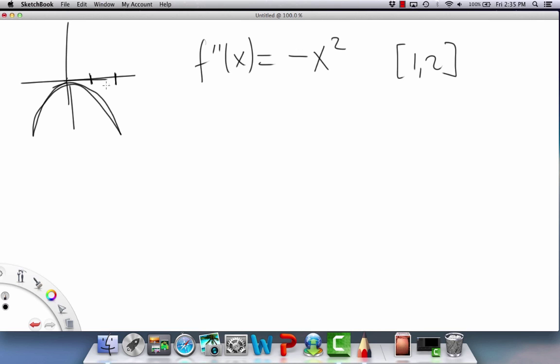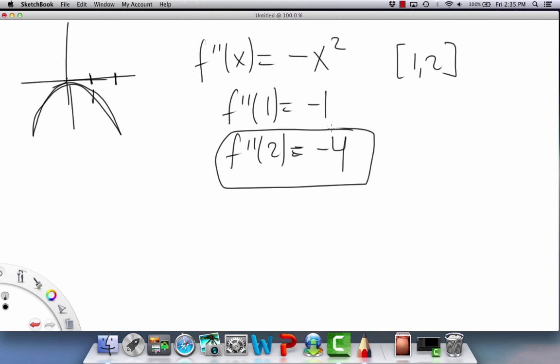At 1, this will be negative 1, and at 2, this is going to be negative 4. So maximum doesn't mean the maximum number, as in the most positive. It just means the magnitude, which disregards the negative. So our biggest magnitude would still be the 4 here, because we're taking the absolute value anyways, so this is going to turn out to be positive 4.